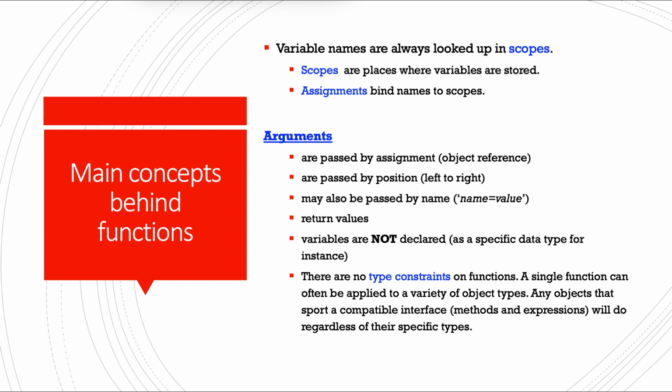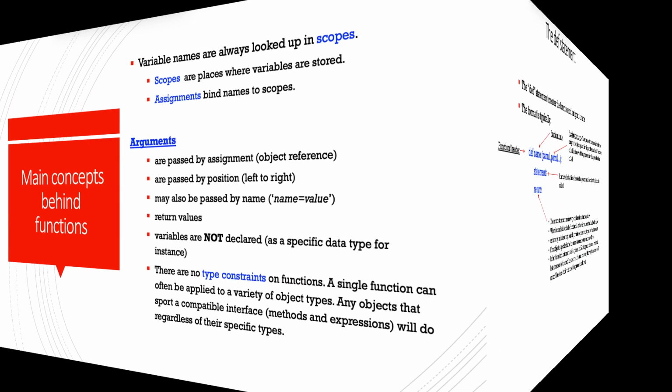They return values. Variables are not declared as a specific data type, for instance. There are no type constraints on functions. A single function can often be applied to a variety of object types. Any objects that support a compatible interface, methods and expressions, will do regardless of their specific types.